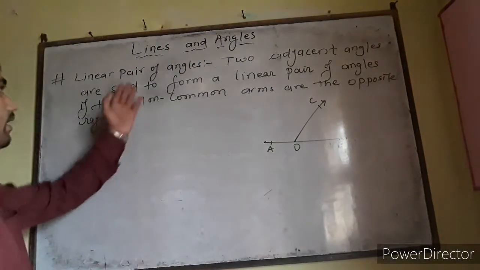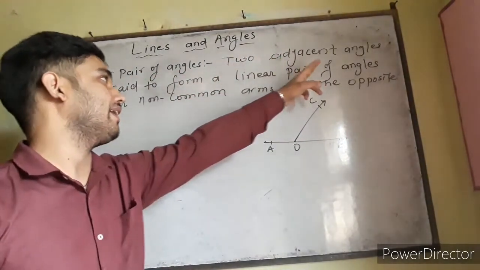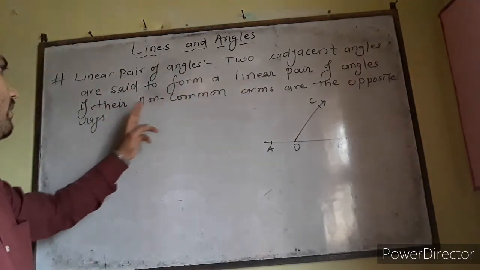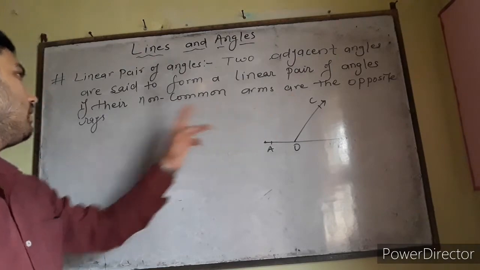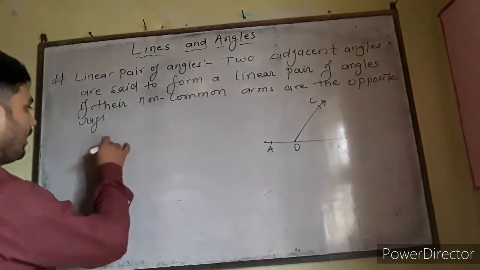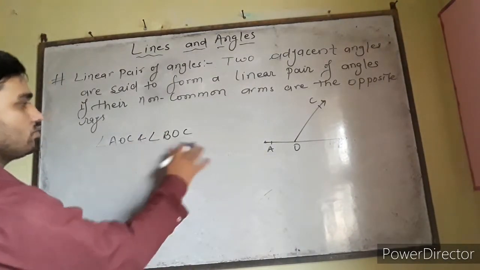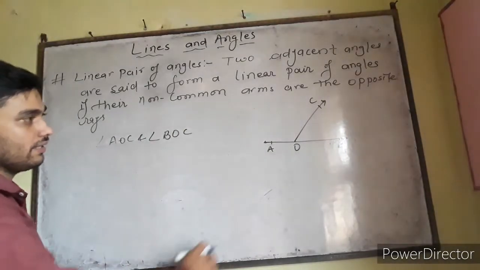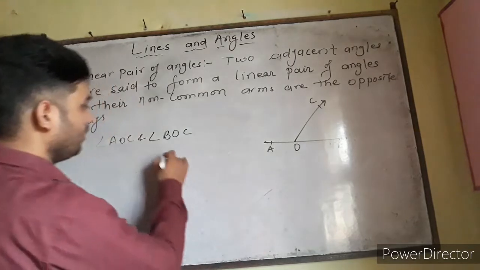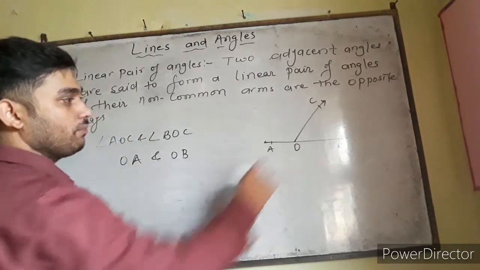Next is linear pair of angles. Two adjacent angles are said to form a linear pair of angles if their non-common arms are opposite rays. See in the adjoining figure, angle AOC and angle BOC. These two are adjacent angles and their non-common arms, OA and OB, are two opposite rays.